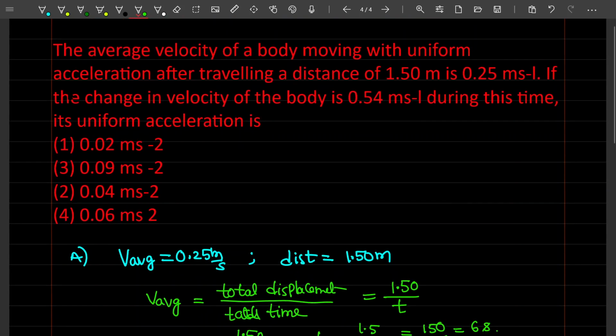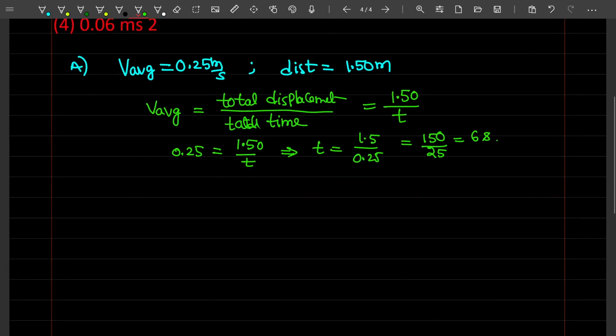Now we are concentrating on the acceleration value, that too uniform acceleration, if the change in velocity of the body is 0.54 meter per second during that time. So now for uniform acceleration, you know the acceleration formula: acceleration is equal to change in velocity divided by time taken.